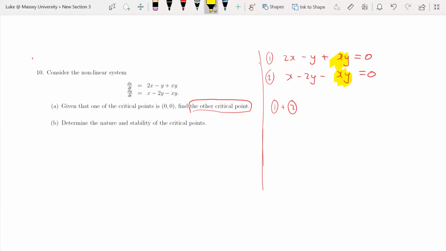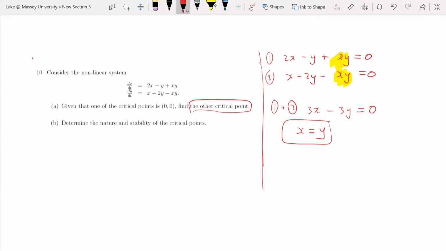There's going to be a positive xy and a negative xy. So if I add these two together, I get 2x plus x is 3x, minus y minus 2y is minus 3y. The xy plus xy and minus xy add to 0, and the right-hand side adds to 0. So we get basically x is equal to y at this point. So we get x is equal to y.